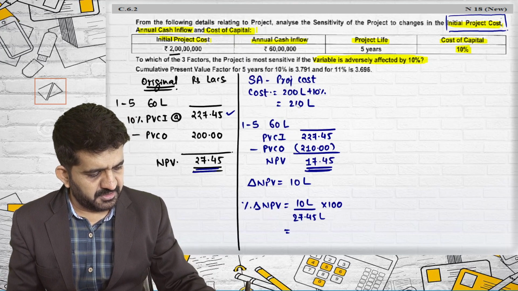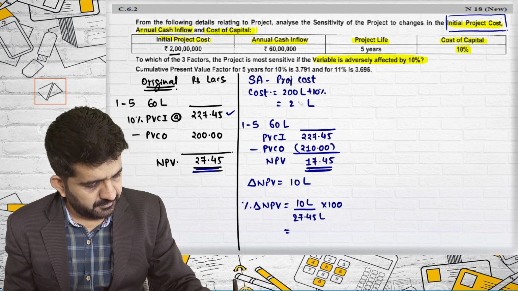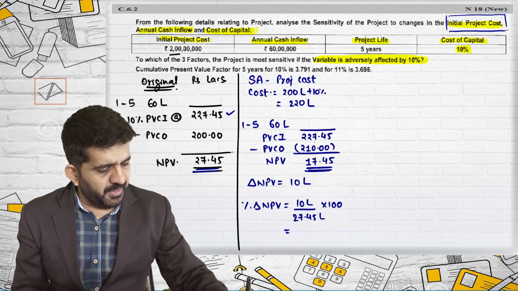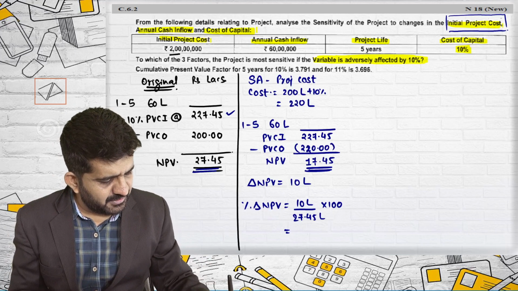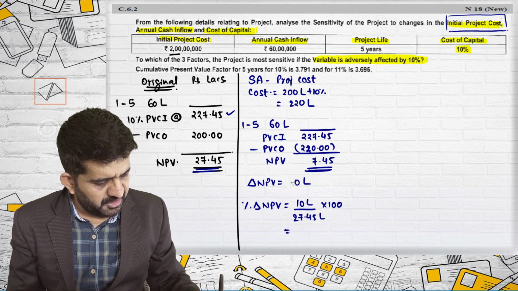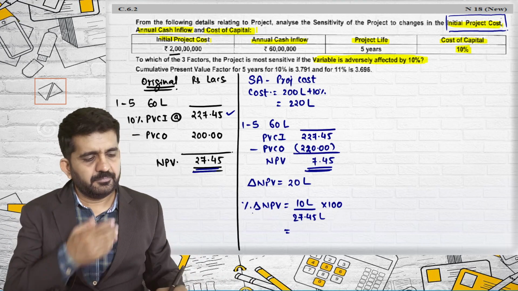Yes, here there is a mistake. It should be 220 lakhs. Thank you. So this should be 220 lakhs. This will be 7.45. Change in NPV will be 20.